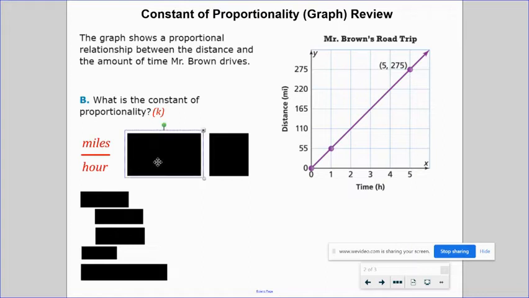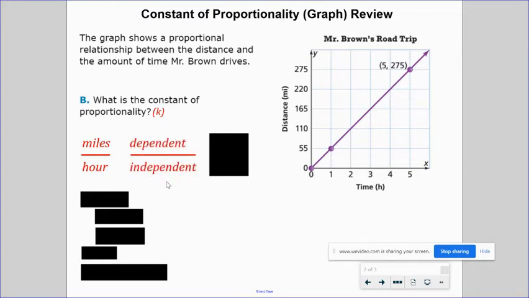Miles, the amount of distance that Mr. Brown travels, depends on the hours he drives. So since it depends, that is called our dependent, and hours, time can keep passing, and the hours do not depend on miles, so that is called your independent.